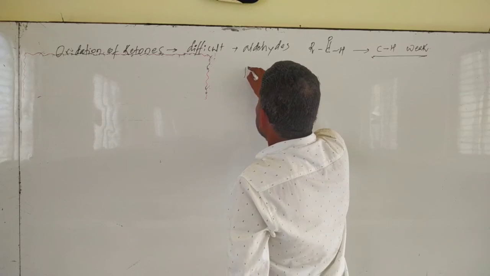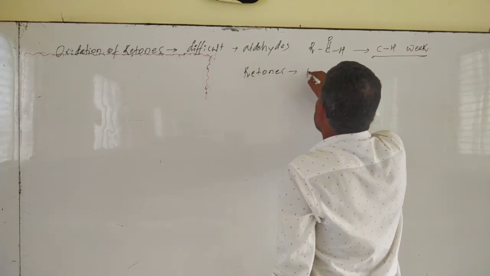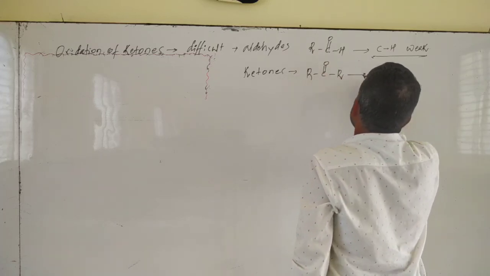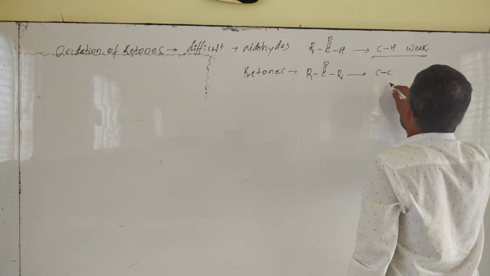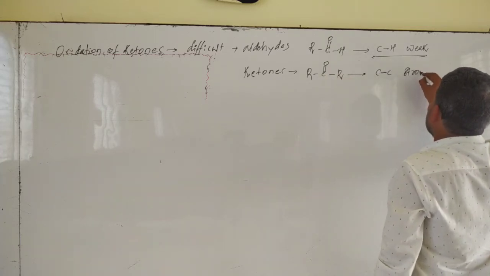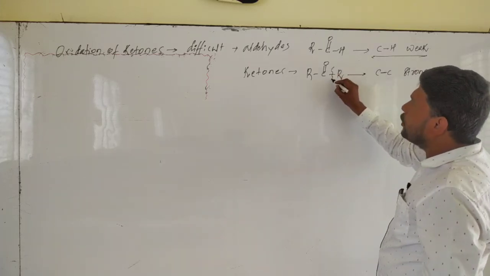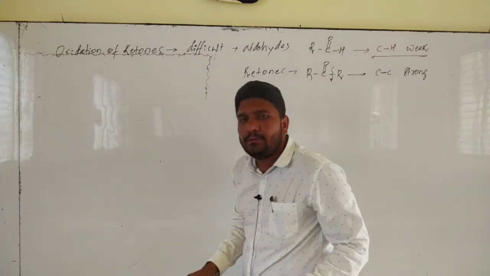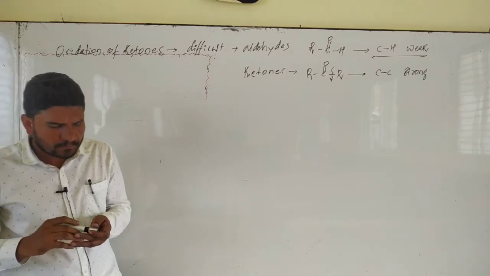Whereas in the case of ketones, RC=O R, this carbon-carbon bond undergoes cleavage. That's why, being a strong bond, it can't be cleaved under normal conditions. You need to maintain abnormal conditions, and you need to use very strong oxidizing agents.